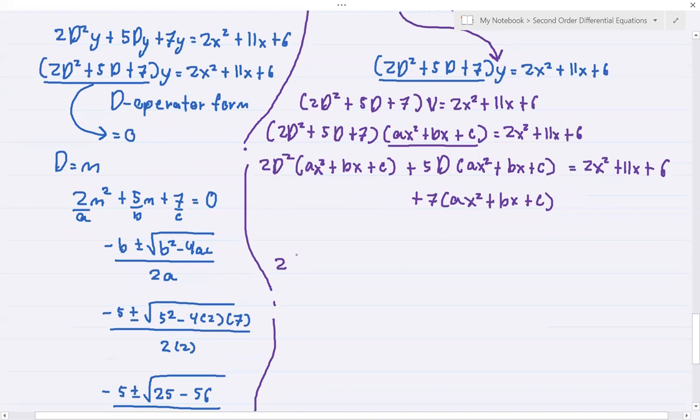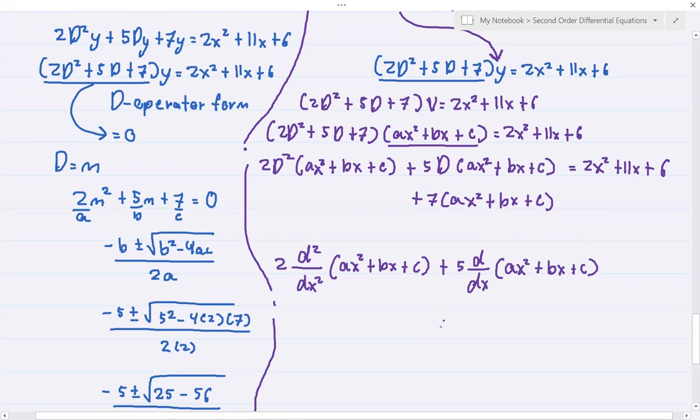So meaning we're going to rewrite it as 2 times d squared all over dx squared of ax squared plus bx plus c plus 5 times d all over dx of ax squared plus bx plus c, then copy the other terms, plus 7 times quantity ax squared plus bx plus c.